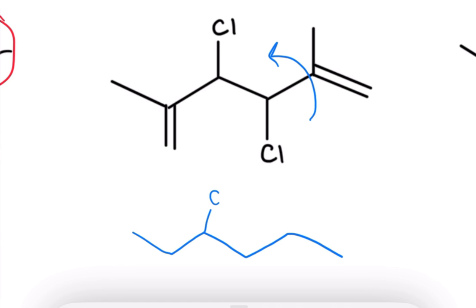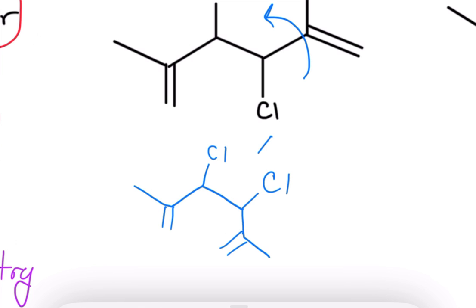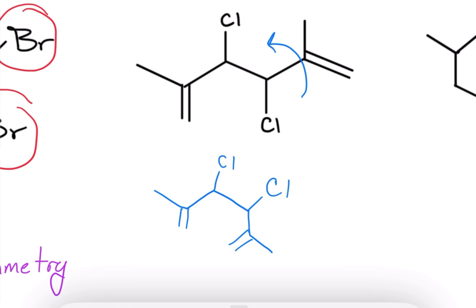Forgive my poor drawing skills, that's why I tutor organic chemistry and not art. So you'd still have it like that and like that. Okay, perfect. And whoa, would you look at that? Plane of symmetry.